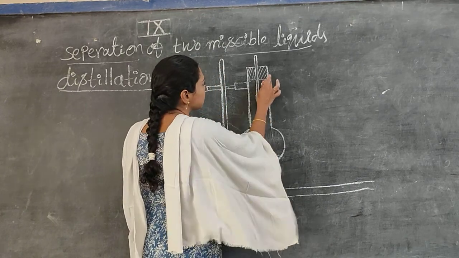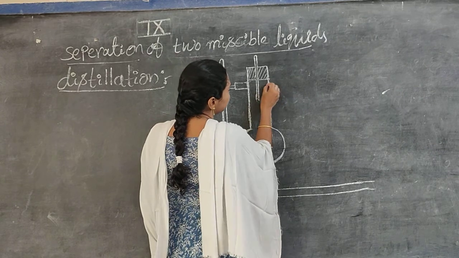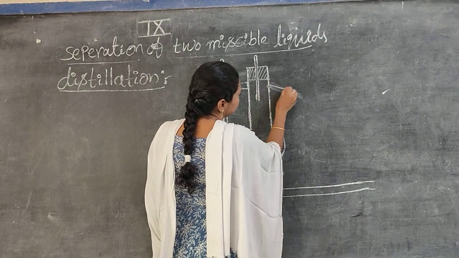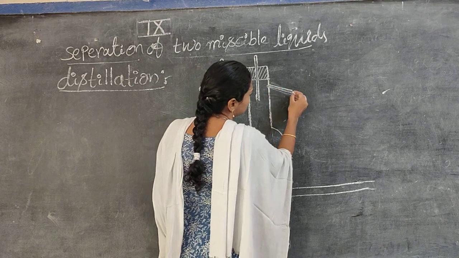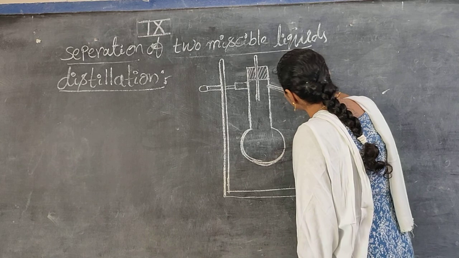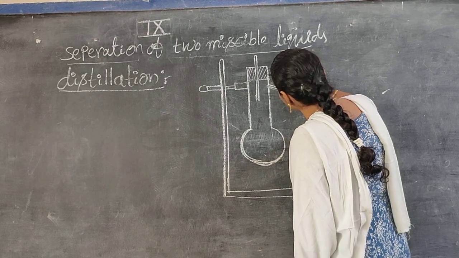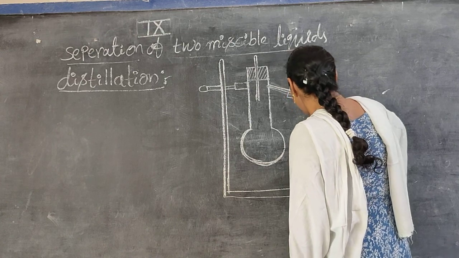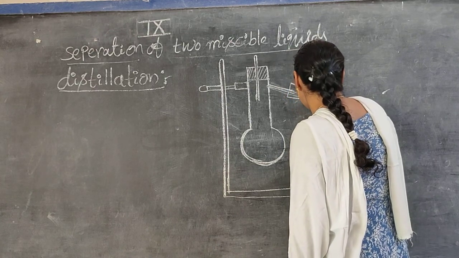To this distillation flask, we arrange a condenser on one side. This is the water condenser.